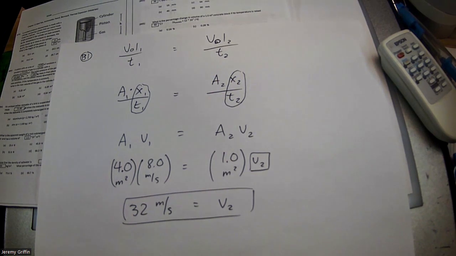Yeah, the water definitely did speed up. That speeds up in inverse proportion to how the cross-sectional area changes. The fact that my cross-sectional area decreased by a factor of 4, well, the speed had to increase by a factor of 4.